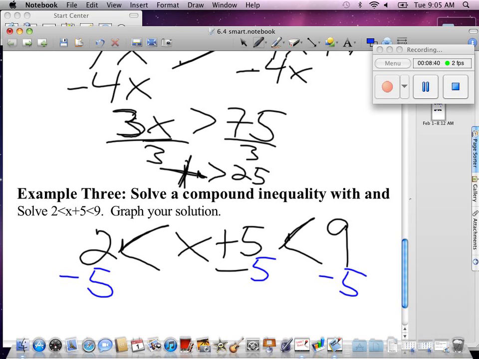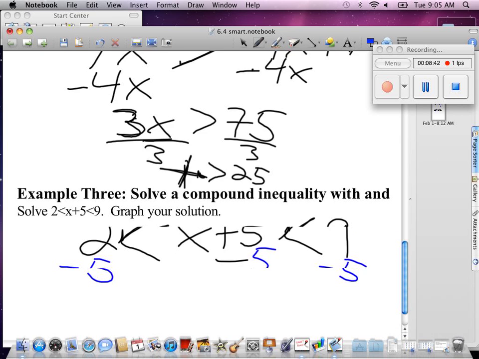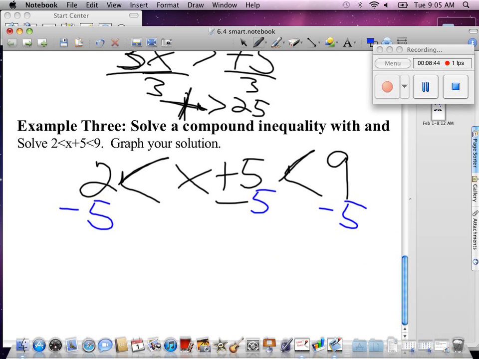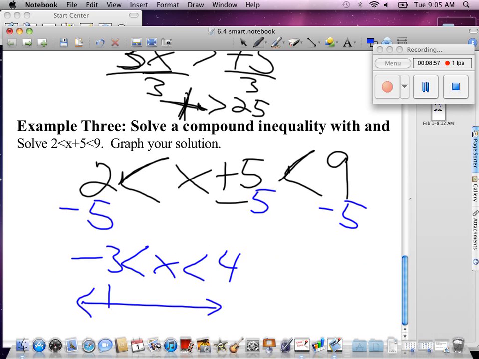See how I'm doing this? That means we get -3 is less than x, which is less than 4. Okay? So we've got -3, we've got 4. They're both open circles, and they point towards each other.